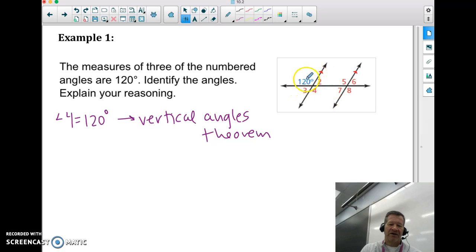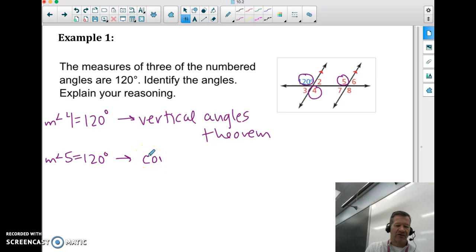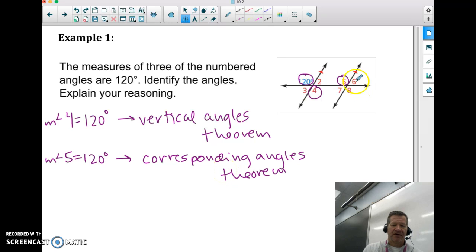Now, if this is 120, 4 is 120, so is 5. Why? Because 5 is corresponding to that angle. So angle 5 has a measure of 120 degrees. And I really should write measure of angle 4, measure of angle 5. So 5 is 120 because of the corresponding angles theorem. And then the last one that would also be 120 would be 8. 8 is vertical to 5.